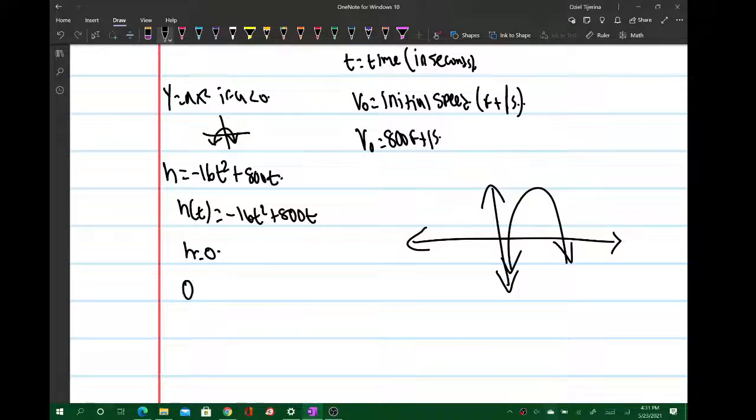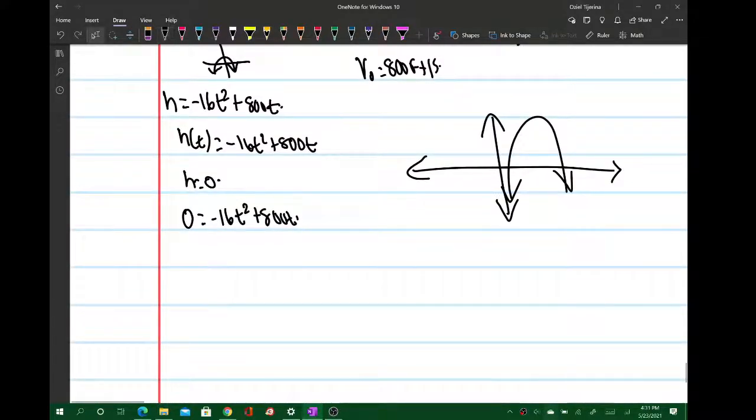So if we set this equal to 0, we can solve for t by dividing by -16 on both sides.